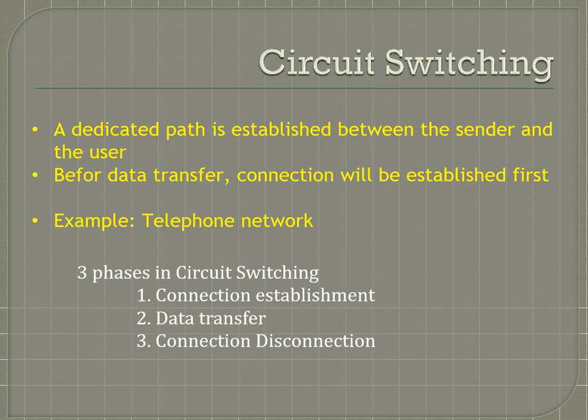In this technique, first the complete physical connection between two computers will be established. Suppose there are 100 systems in a network, and you want to send information from system number 7 to system number 29. What will happen?